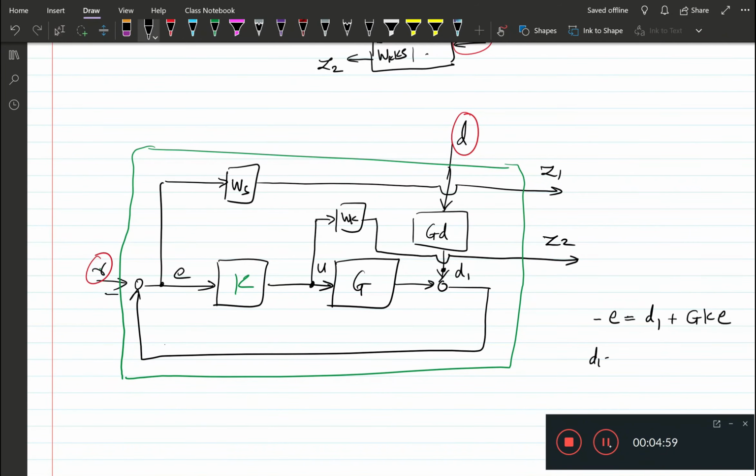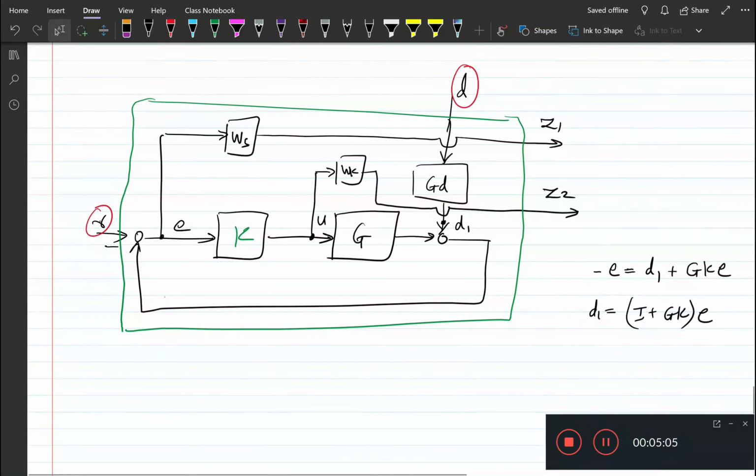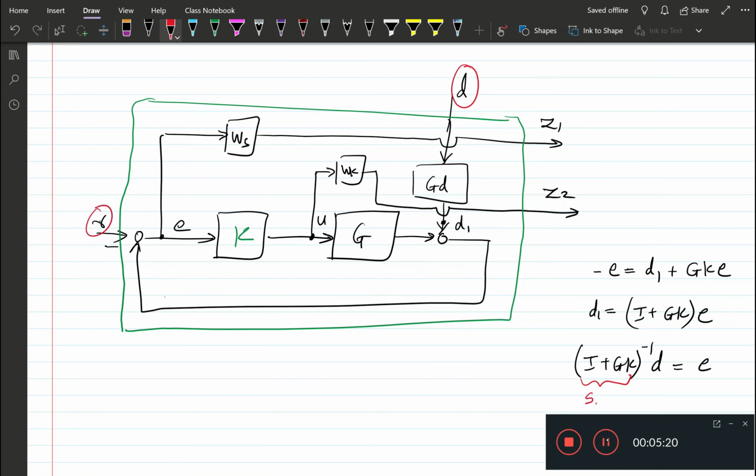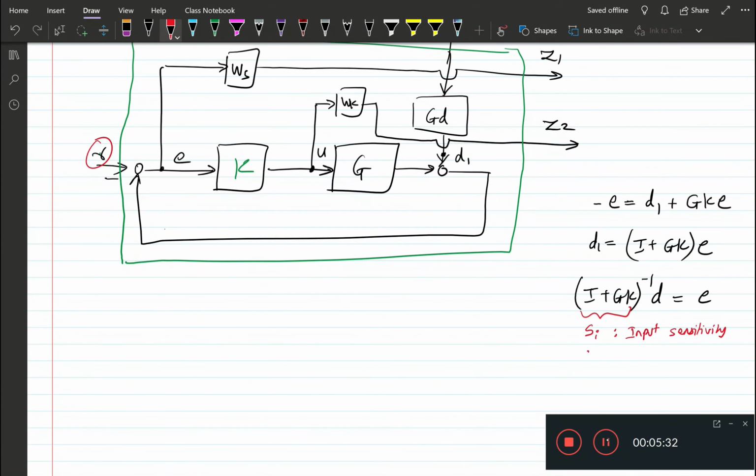So we would have D1 is equal to I plus GK times E, or in other words (I plus GK) inverse D1 is equal to E, and this guy is usually called the input sensitivity. We can call it either SI or SD because it's the sensitivity at the disturbance.